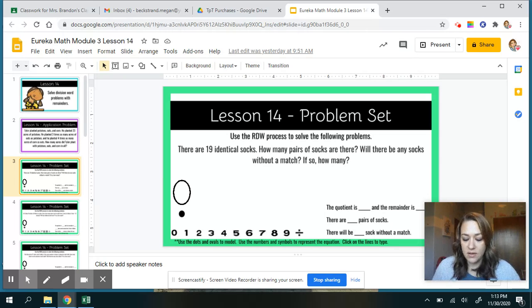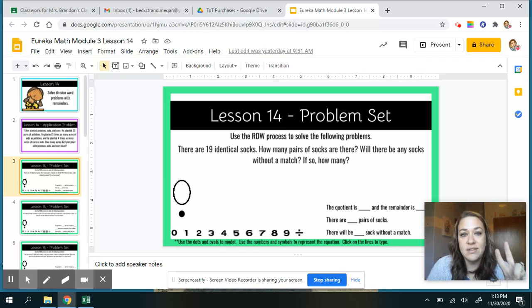Okay. All right. So our first problem is: there are 19 identical socks. How many pairs of socks are there? Will there be any socks without a match? If so, how many? So this one, if you don't know how many is in a pair, then you're not going to know what to divide by. So remember, a pair of something is 2.